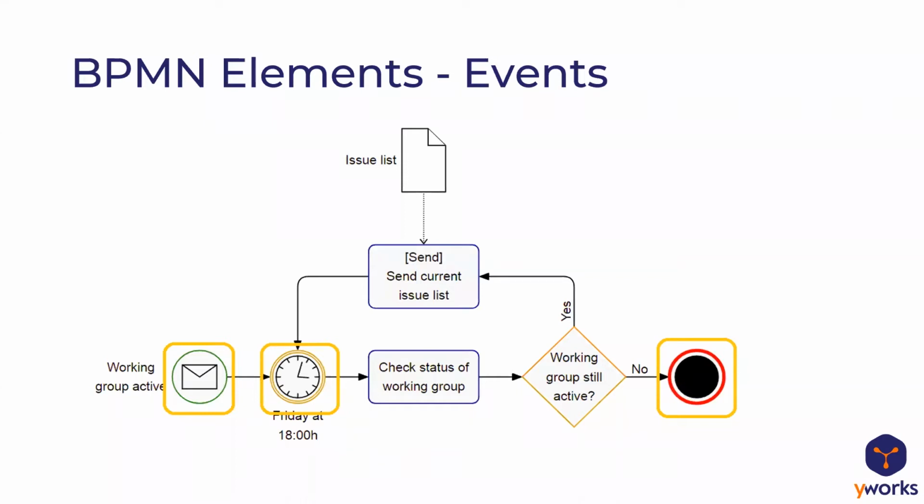The different colors you can see here are not specified in the BPMN specification, but are mainly used to get a nicer view and to have a better distinction between the different types of elements.